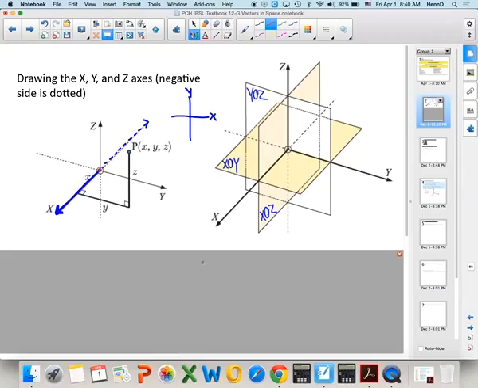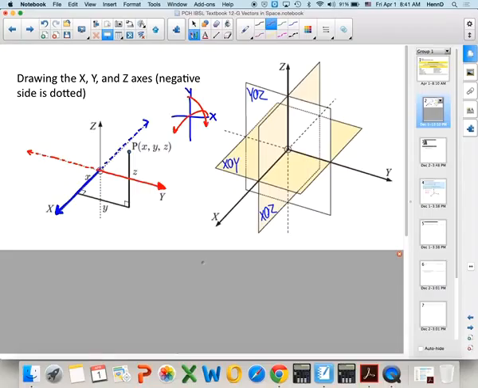All right, so here's our positive y-axis to the right, the negative is to the left. Okay? So you can see this has kind of been moved towards us forward, while this has kind of been laid down on its side.